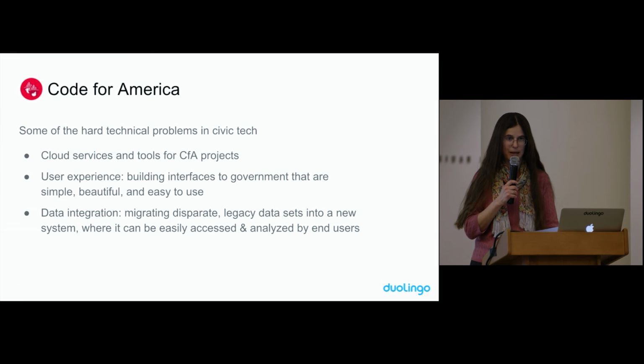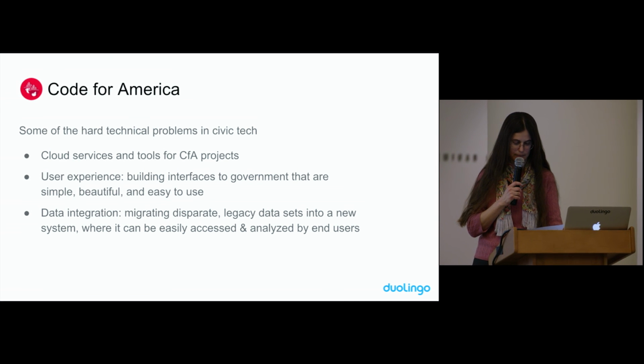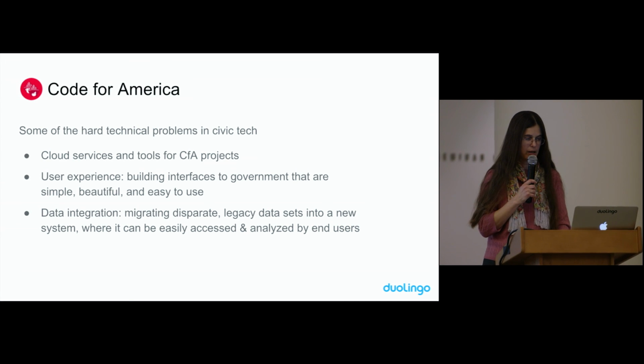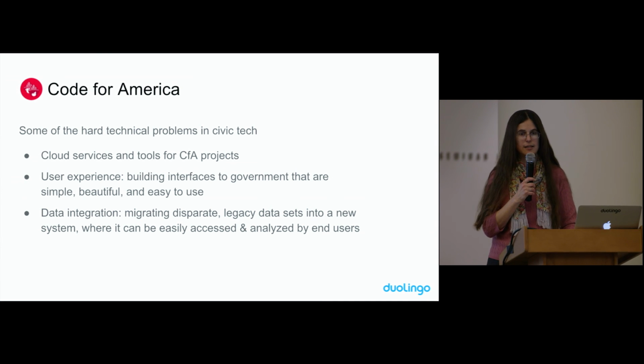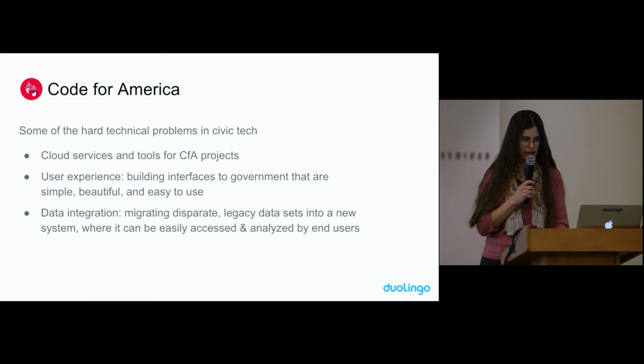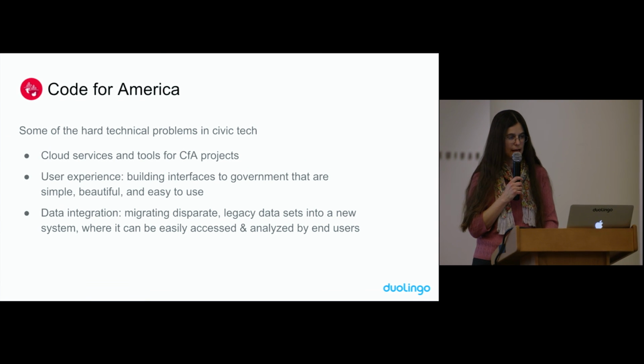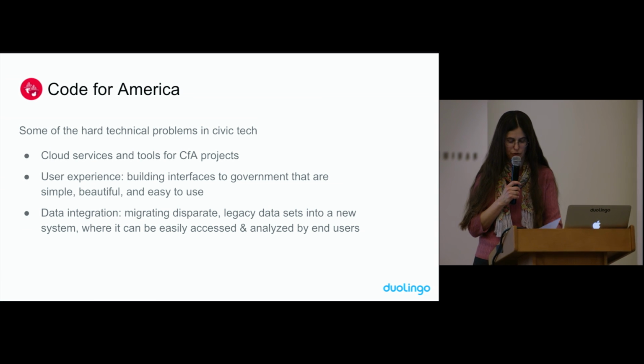In fact, sometimes they are hidden behind paper forms and lots of need to make requests. The third problem here is data integration. A lot of the government data is hidden inside of legacy IT systems, and needs to be extracted into modern databases, and integrated together into a new system which can be easily accessed and analyzed by end users.